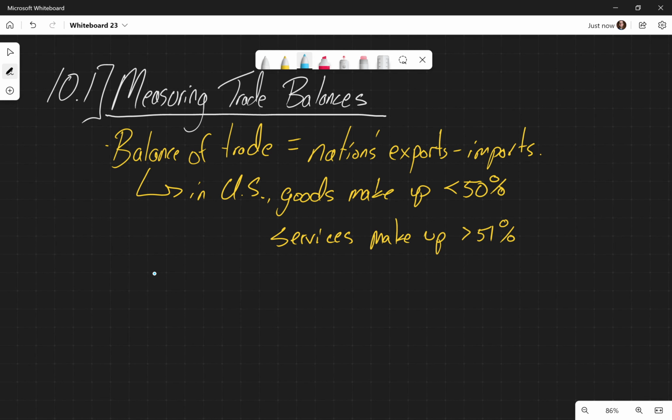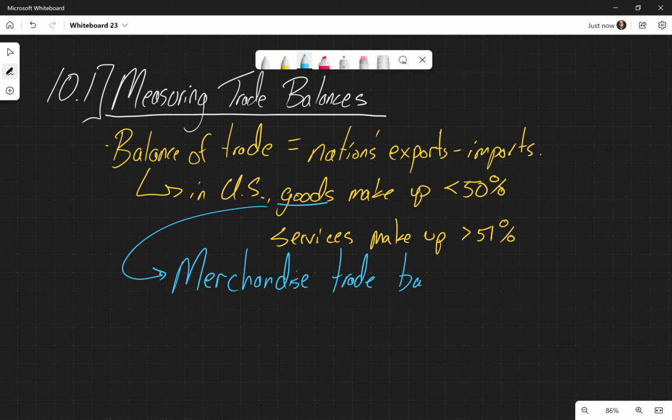If we are to just look at goods, then we would call that the merchandise trade balance. The balance of trade of just goods, of goods only.